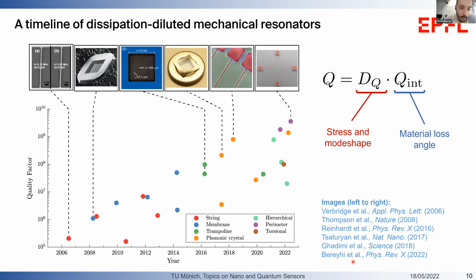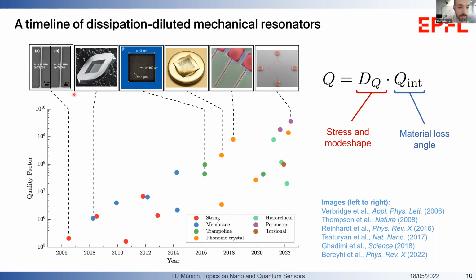And then if you look, this is just a small timeline of roughly the highest quality factor mechanical oscillators that have been measured or reported over time since the discovery of dissipation dilution in 2006 in silicon nitride nanomechanical strings.